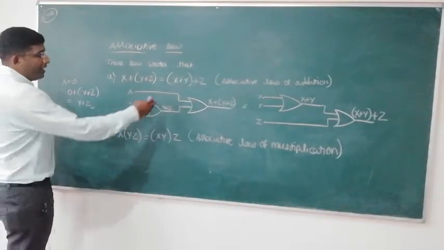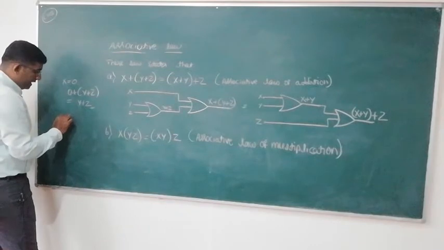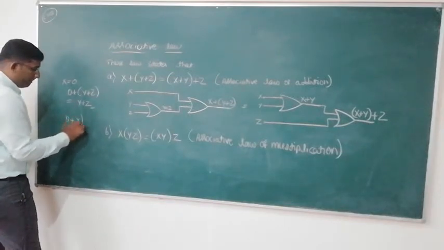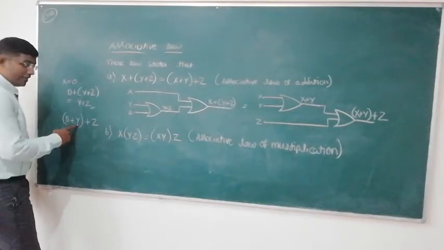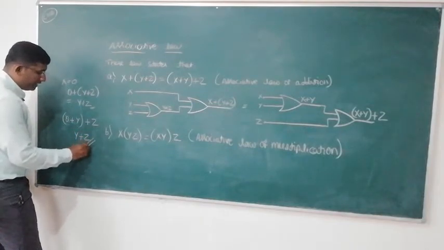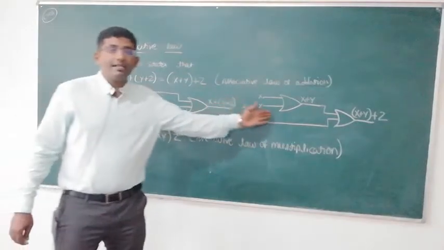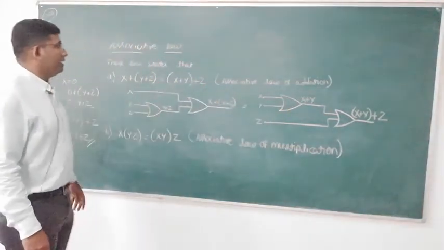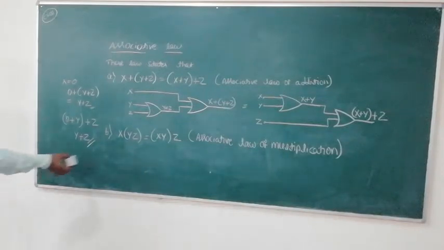In the same way, if I am substituting the same value here, that is x as 0, 0 plus y plus z. 0 plus y means y itself, y plus z. We are left with y plus z. Hence, LHS is equal to RHS. The first law will be proved.